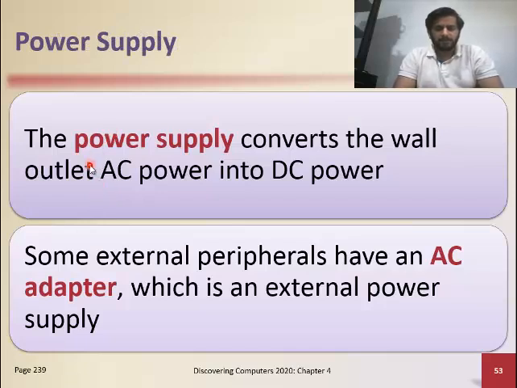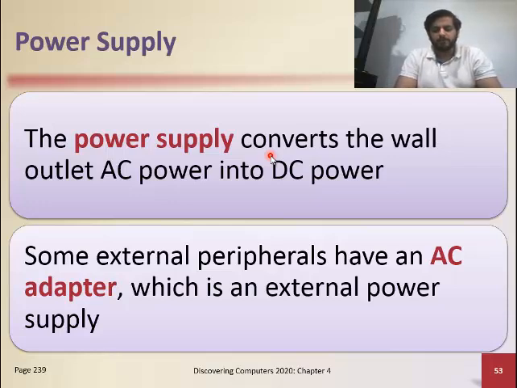Now I'm going to move towards the end of this chapter, and at the end the power supply is discussed here. It's an electrical component which converts the AC coming into your home into DC power.